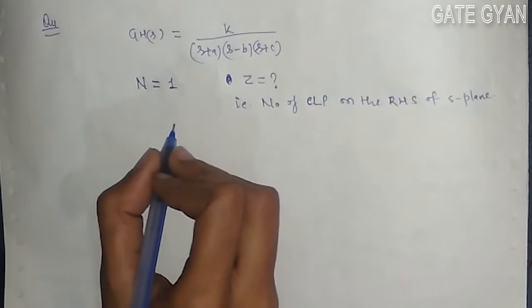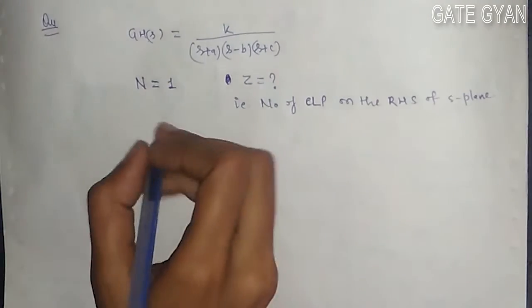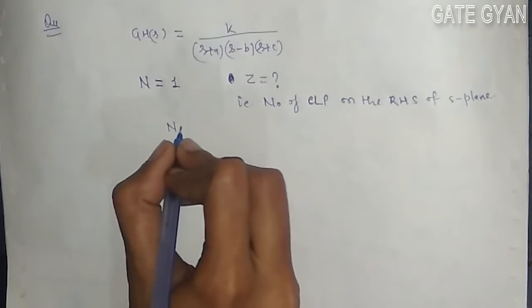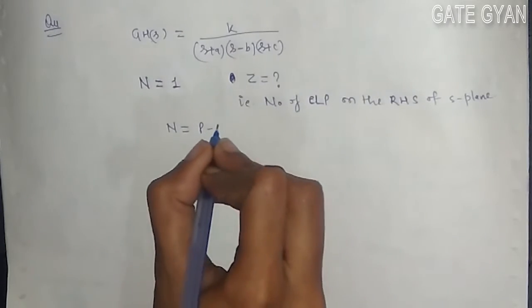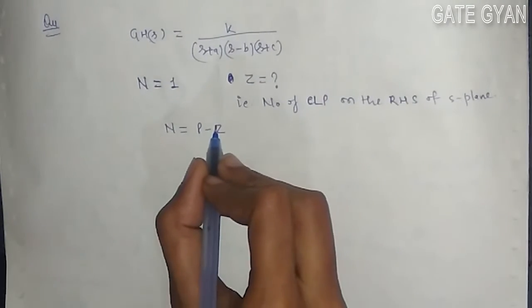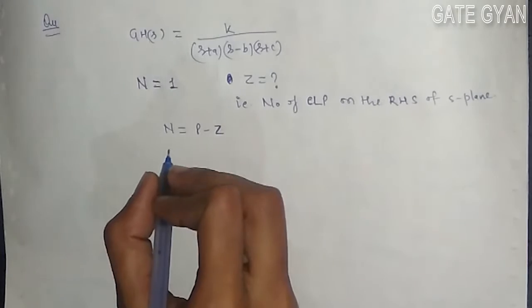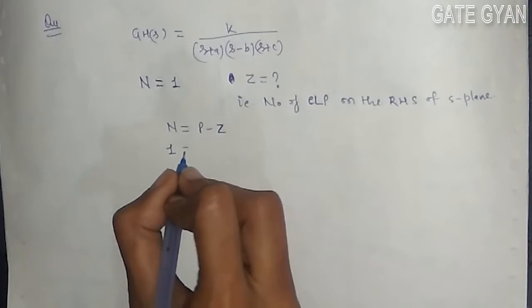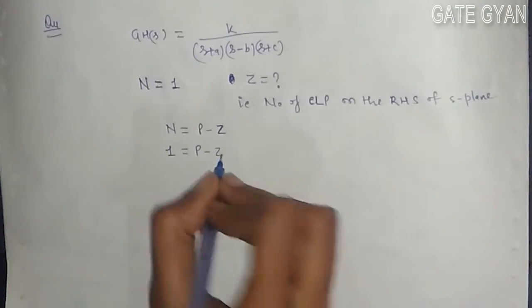As we know that by Nyquist stability criteria, N is equal to P minus Z. Now we have given N equal to 1. Z we have to find.